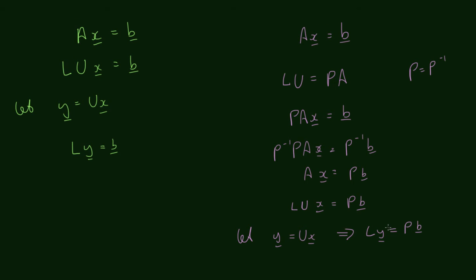That's how, if we need to perform partial pivoting to solve a system with LU factorization, we first perform the row swaps to give us our matrix P. Then we calculate the LU factorization on the resulting matrix PA, and once we've got that, we solve Ly equals Pb for y, and once we've got y, we then solve for x with Ux equals y.